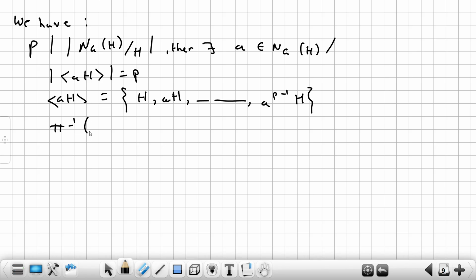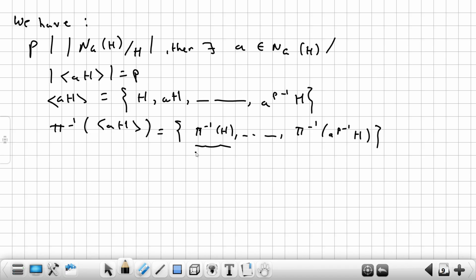Now, the inverse image or the pre-image of AH is equal to the inverse image of H, etc., the inverse image of A^(p-1)H. Each one of size equal p^i.